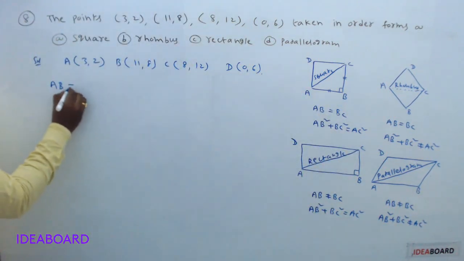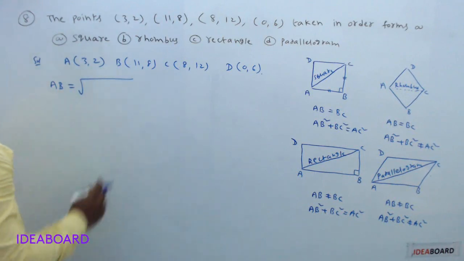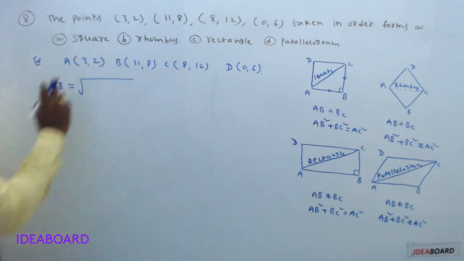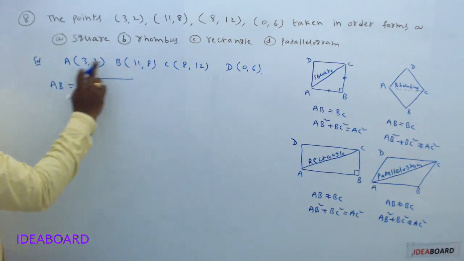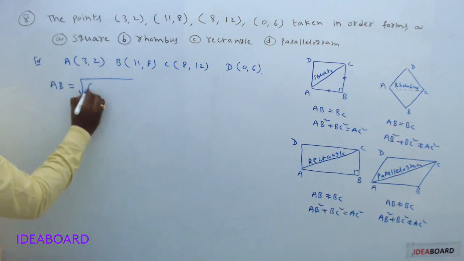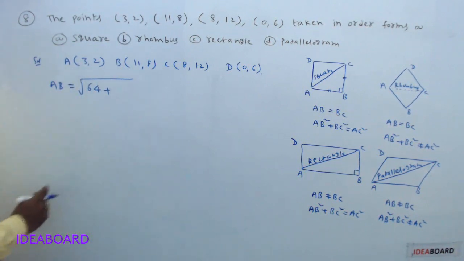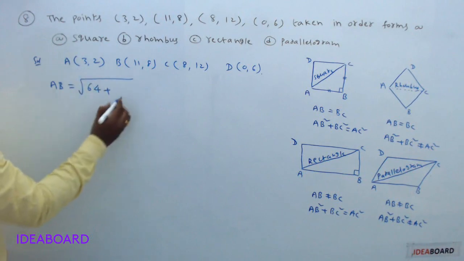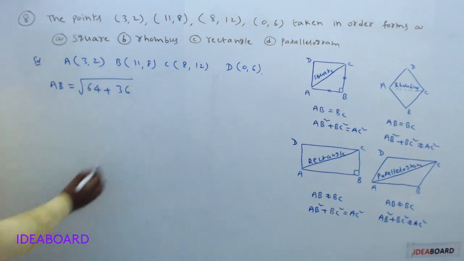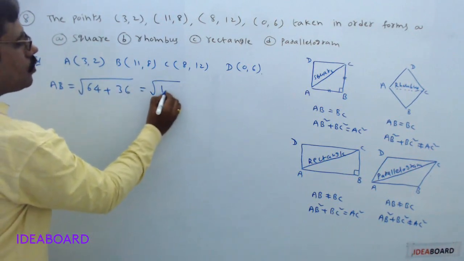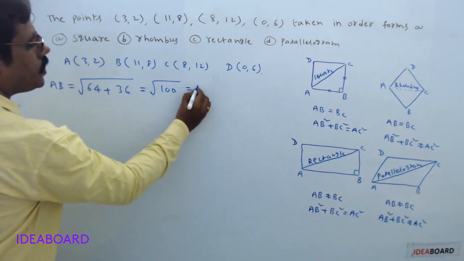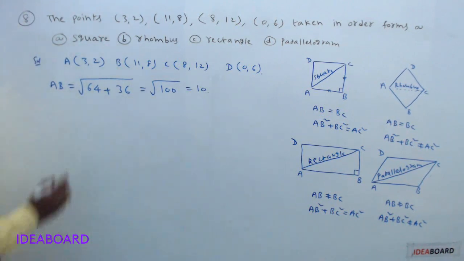Now AB equals square root of, apply distance between two points formula, square root of (11 minus 3) squared, 8 squared is 64, (8 minus 2) is 6, 6 squared is 36. Now it is square root of 100, it will be 10.